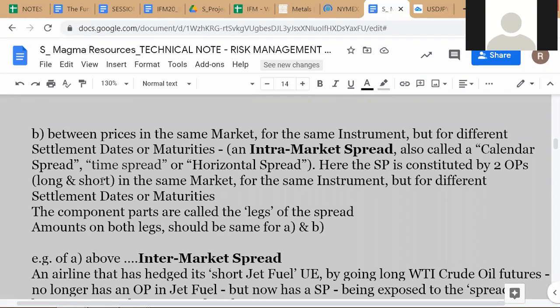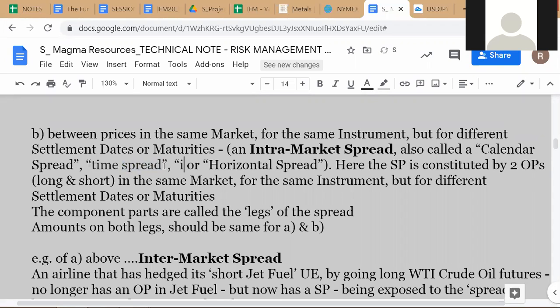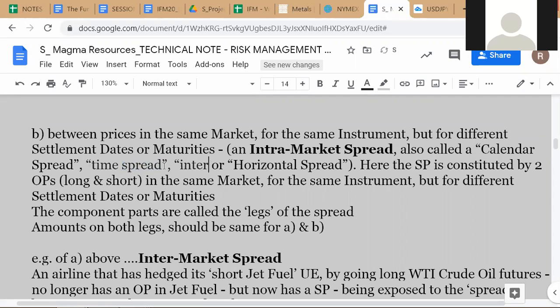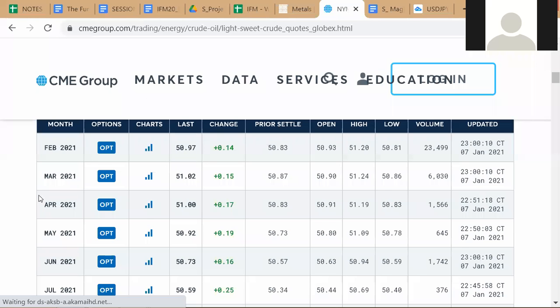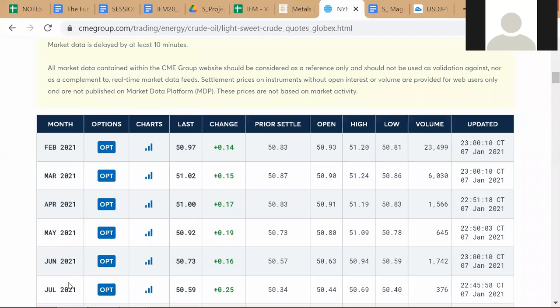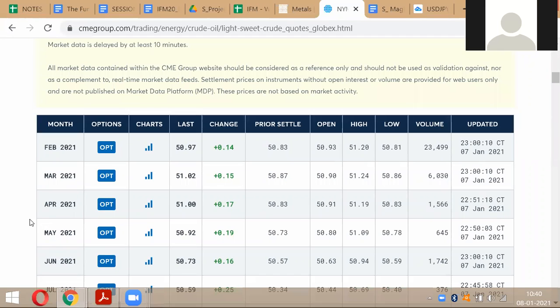It's actually also called an inter-month spread. Let's copy this also and put that. So these are quite popular especially in the agricultural commodity markets, but you can do them in all kinds of futures markets. These are more common in futures markets because futures markets are very liquid generally.